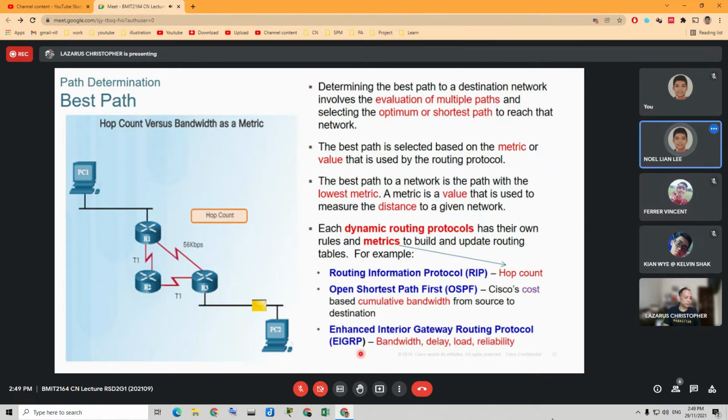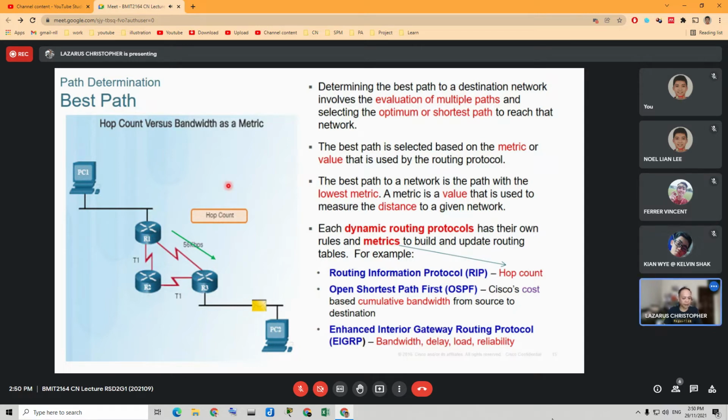Yes. Okay. All right. So you would rather jump through the slow route instead of jumping through two very fast routes? Yeah, it depends. If you're using RIP based on hop count, then this one will win. There's only one hop. Here it will be two hops. So this one wins. It depends on the different protocol.